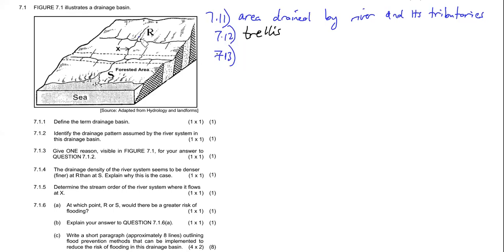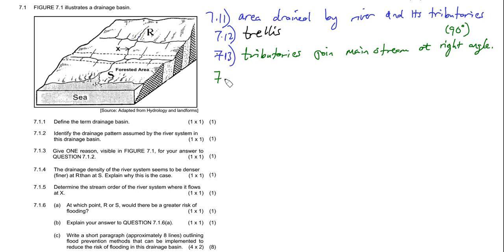We can all see that the tributaries join the main stream at right angles, or you can say at 90 degrees, there's no problem. We are saying they join the main stream at right angles. That's what we see. That's why we have said it's trellis. That's the only reason. Now let's move on to 7.1.4.